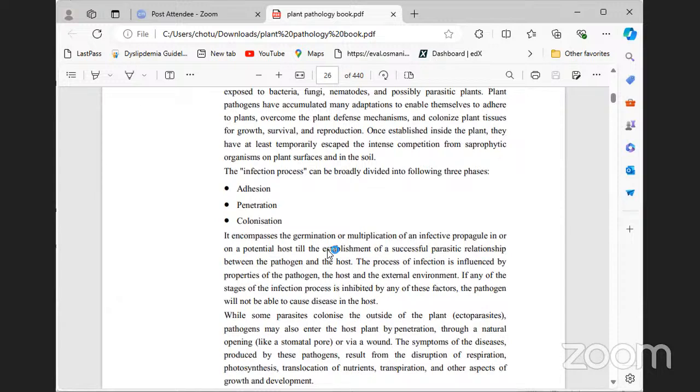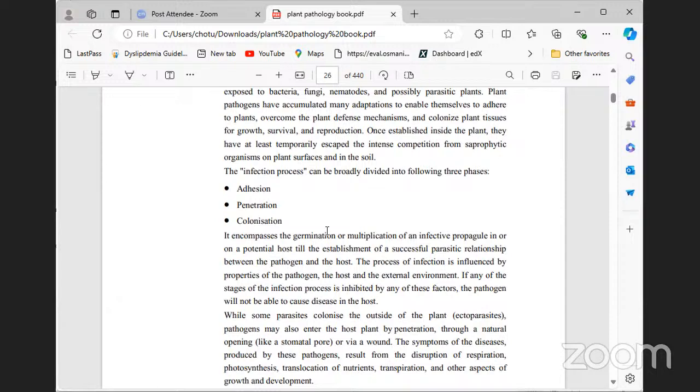You can observe that between the pathogen and host, a successful relationship is established. The total process of infection is influenced by the properties of the pathogen, the host, and the external environment.